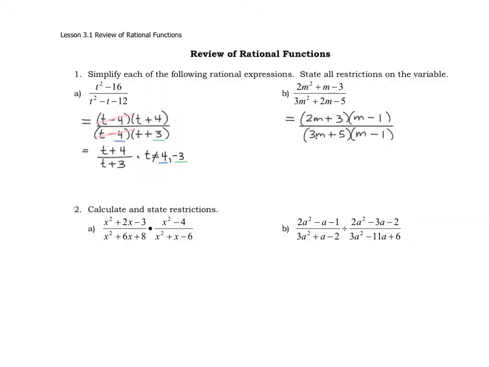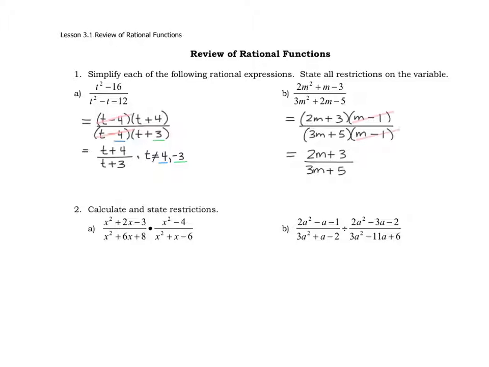So again, just double check, 3m squared minus 3m plus 5m is positive 2m minus 5. Okay, and again, I am able to cancel out the common term of m minus 1. And then I can write down my final answer, 2m plus 3 over 3m plus 5.